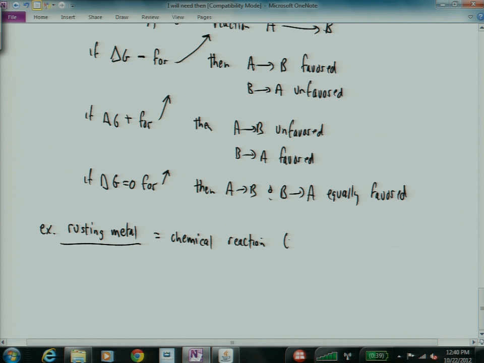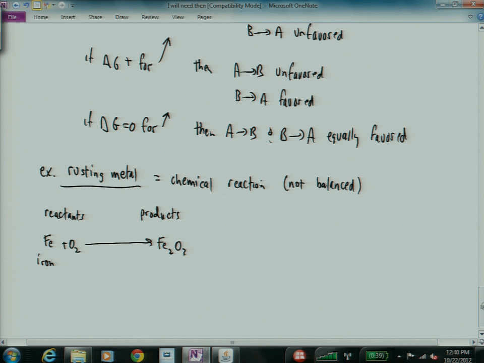I just want to keep the big picture and not worry about the fine details. The reactants are Fe, which is iron, like the iron in your car, plus oxygen in the air, which react to form the products. Those are Fe2O3, which is red rust.